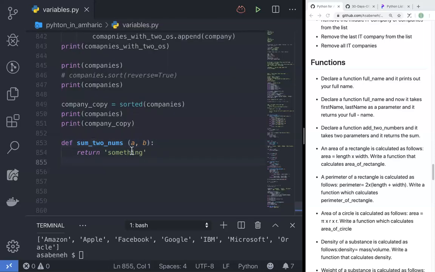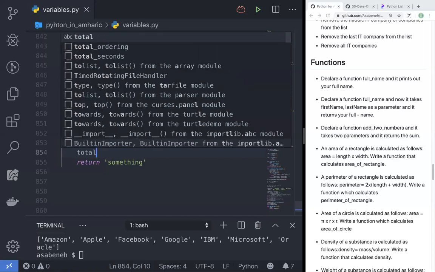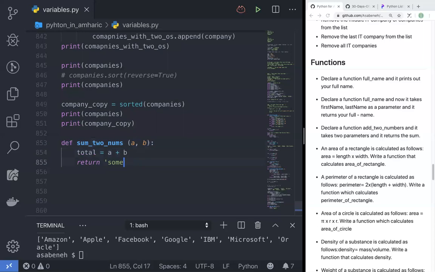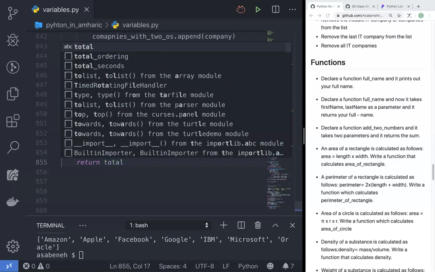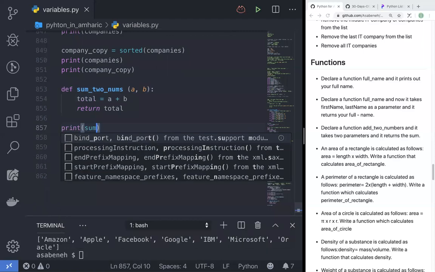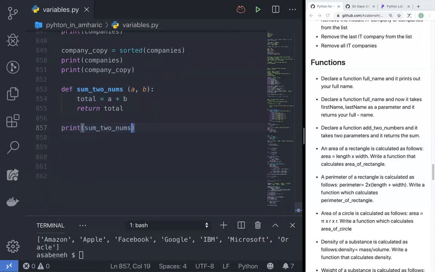Total is equal to a plus b, and then it has to return the total. This function has to be called, right? Print sum two nums, and I give it 2 and 3, and I have to get 5 from this function. I got 5. And product of 2, difference of 2, division of 2: you can just change the operator.